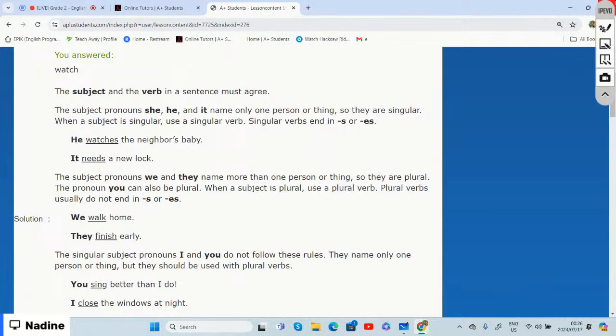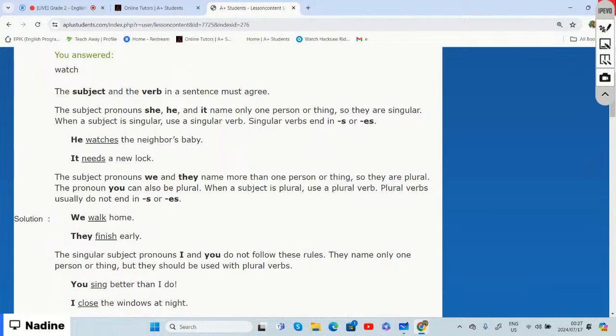So we say that our subject as well as our verb within a sentence must agree, right? So our subject tells us either who or what is doing the action, right? And our verb is the action that someone or something is doing, right? So with our subject, we say that we're doing pronoun verb agreement, right?